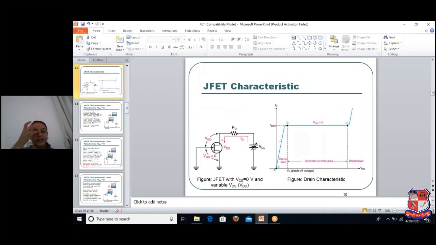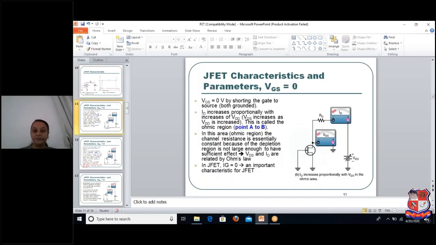It will not be that if you keep increasing, it will remain constant. What happens after some point? You can remember the reverse bias characteristics of a diode. Whenever you give reverse bias voltage, after some point your reverse current suddenly increases, and that sudden increase is known as the breakdown.